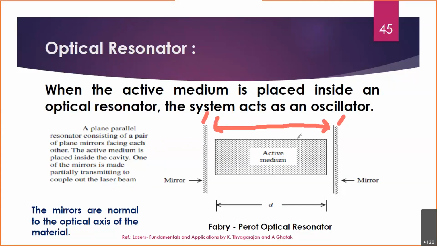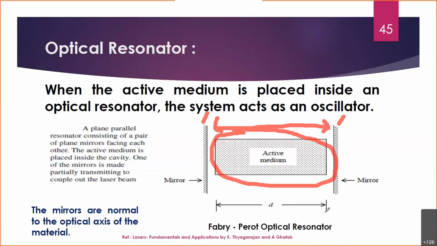In the gap you are going to keep your active medium. As you can see on the screen, inside the gap I have placed the active medium, which we discussed as the first component. So that first component we have put inside a set of mirrors which are facing each other, and the distance between the mirrors is d.